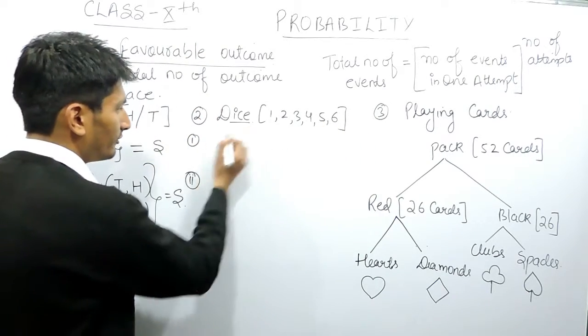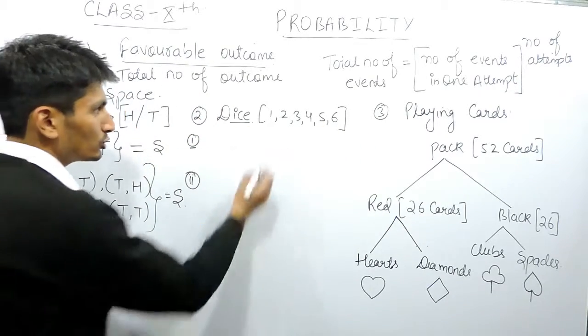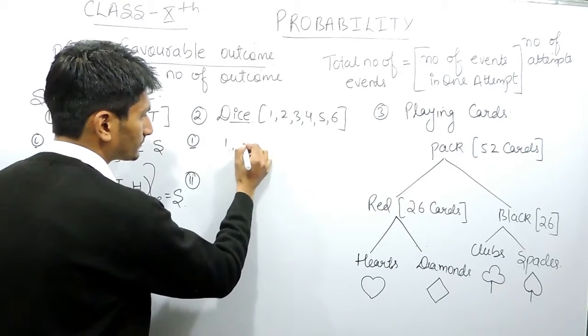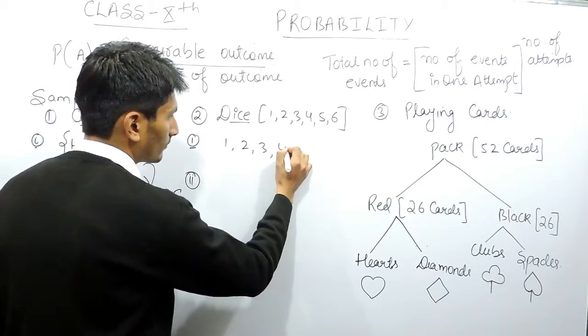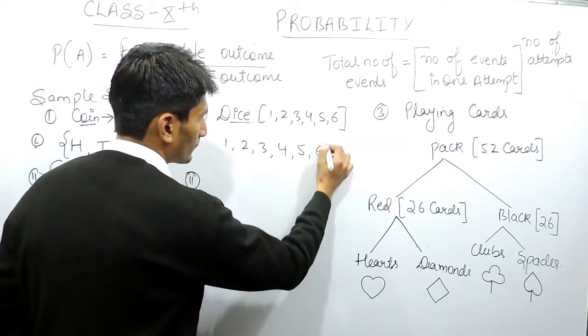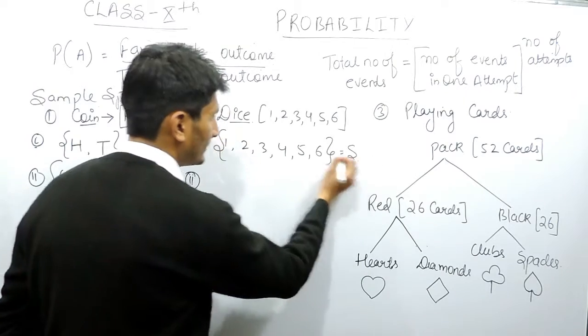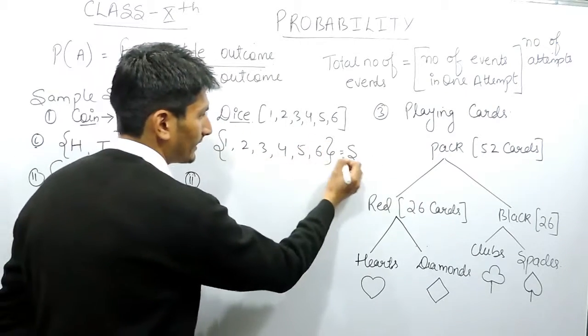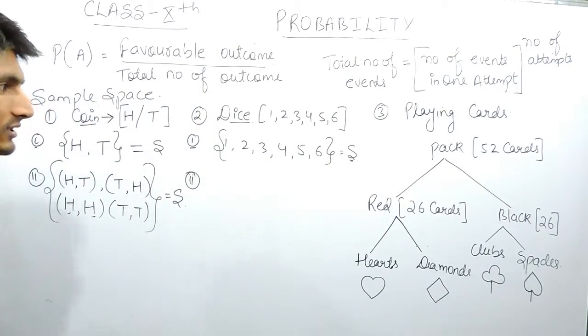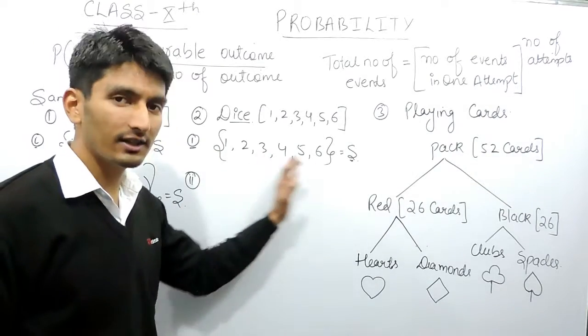So if you are rolling one dice, these are the possible outcomes, and when they are written inside curly brackets, that is known as the sample space.